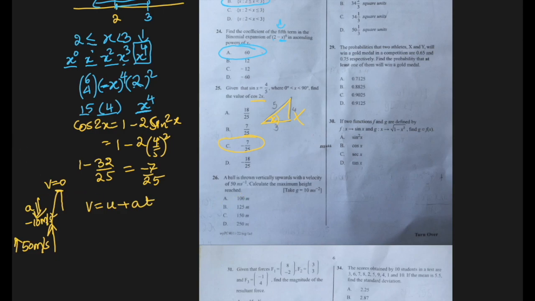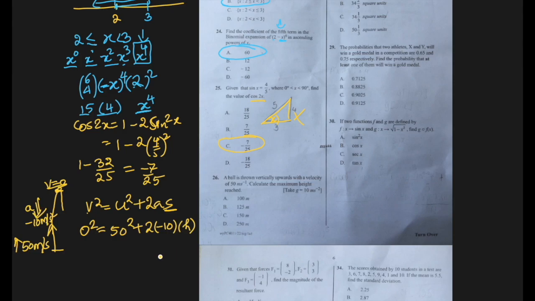We'll find v. So v is equal to u plus at. Sorry, they're saying height, so we will use a different formula. Okay, v squared equals u squared plus 2as. v is 0 at the maximum height. u is 50 positive plus 2 times negative 10 acceleration and height. Here s is a distance or displacement, right?